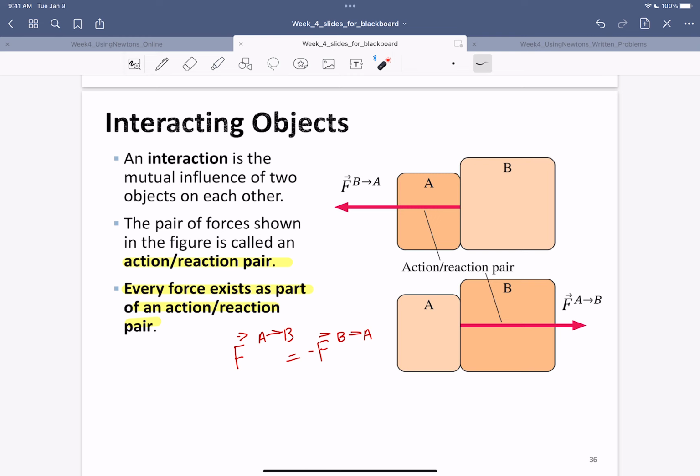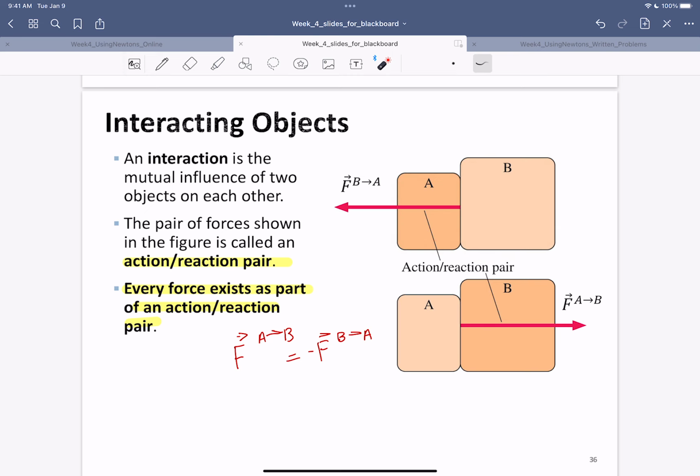So if we were pushing with 250 newtons on that box, A feels that 250 newtons. B will still get that 250 newtons applied to it because the two-box system moves with that net force of 250 newtons. It'll have the same acceleration. But B doesn't feel those 250 newtons, right?